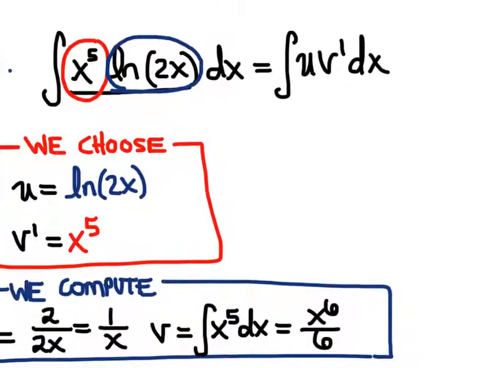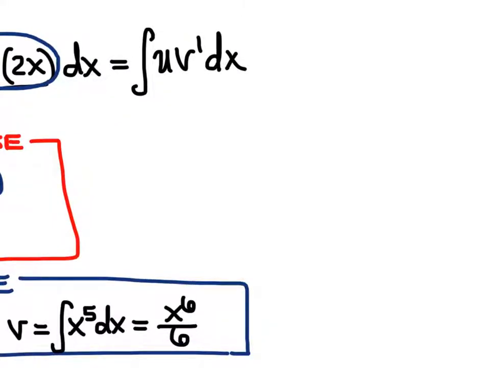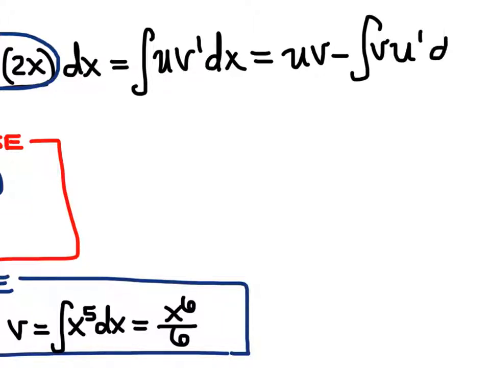So now we're going to come back up here and apply the rule. So I'm going to write the rule down here. It's u times v minus the integral of v times u prime, all with respect to x. And then we're just going to put in the pieces we know. First we put in u. Remember what we set u to be, that's ln of 2x.